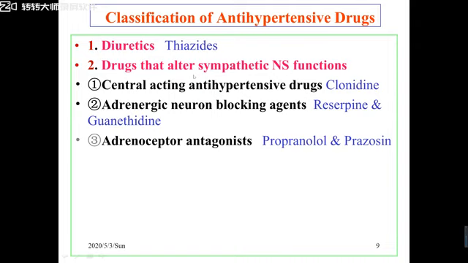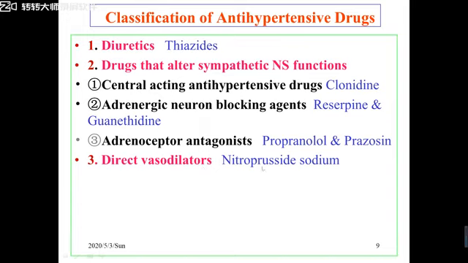The second kind of antihypertensive drugs alter the sympathetic nervous system. The third kind of antihypertensive drugs are vasodilators, such as sodium nitroprusside and nitroglycerin.